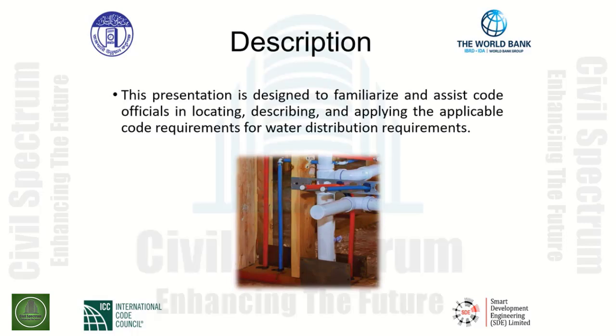The description of this presentation is designed to familiarize and assist code officials, inspectors, engineers, designers in not only locating the code sections, but describing and applying the applicable code requirements for air conditioning, heating, and ventilation systems.